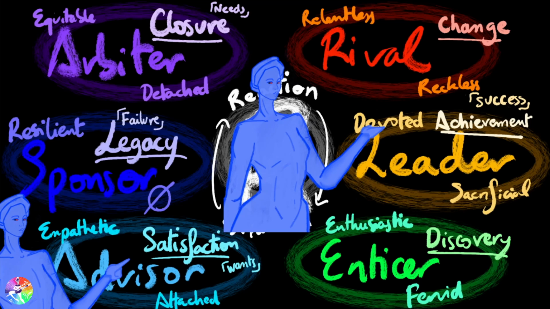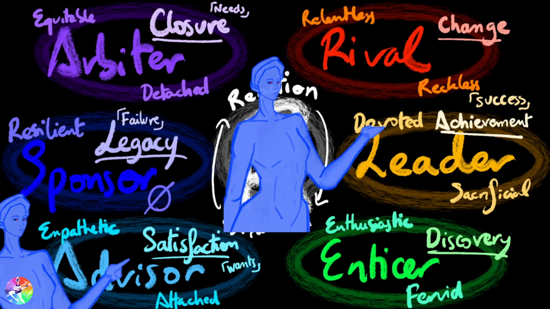The rival, if you look at her behavior traits and her motivation, and the advisor, same remark, are complementary. These two roles oppose each other in a way which allows them to complement each other.